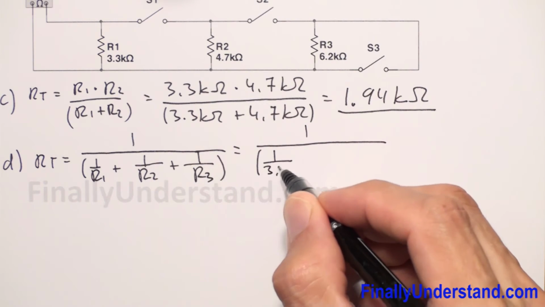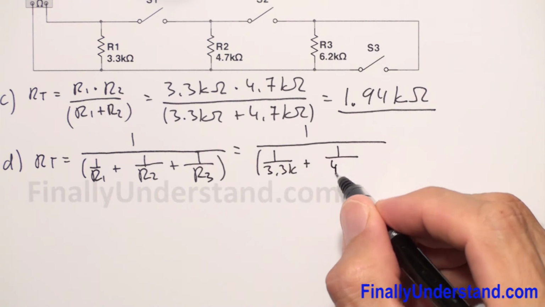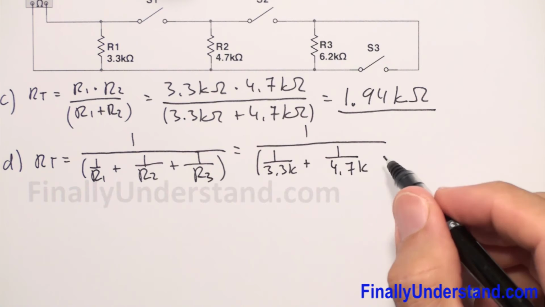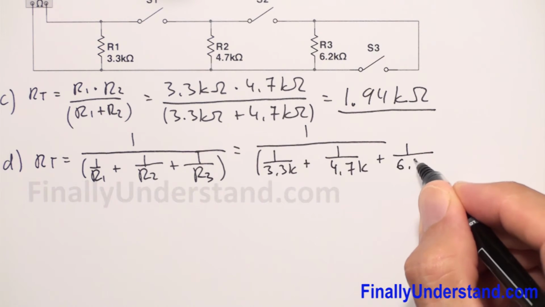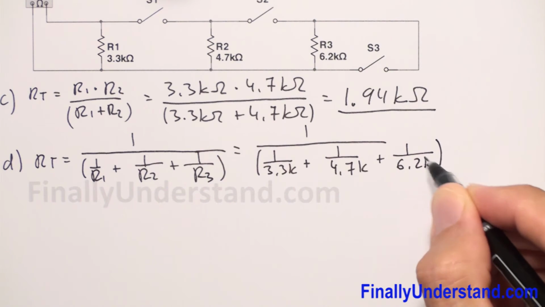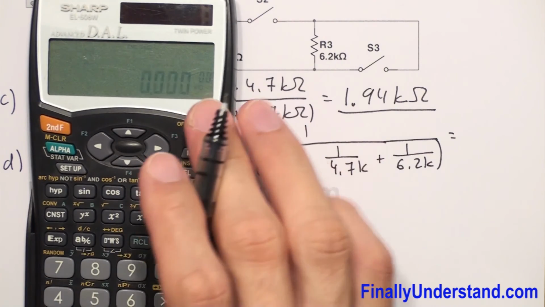So I have 1 divided by, open parenthesis, 1 divided by R1, which is 3.3k, plus 1 divided by 4.7k plus 1 divided by 6.2k. Okay, now I'm going to use the calculator.